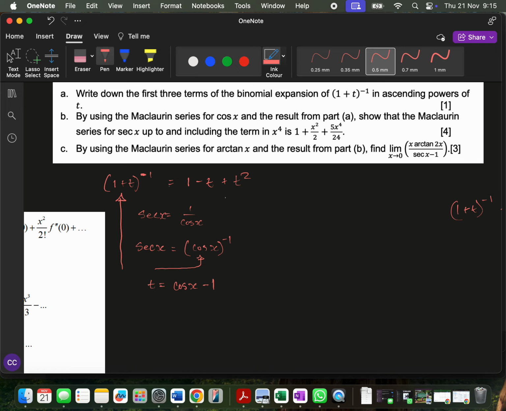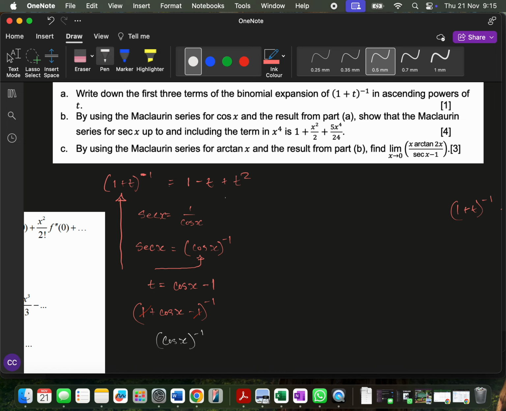And if I do that, I would get 1 plus (cosine x minus 1) to the negative 1. Well, obviously these 1's go away, and I'm just left with cosine x to the negative 1.